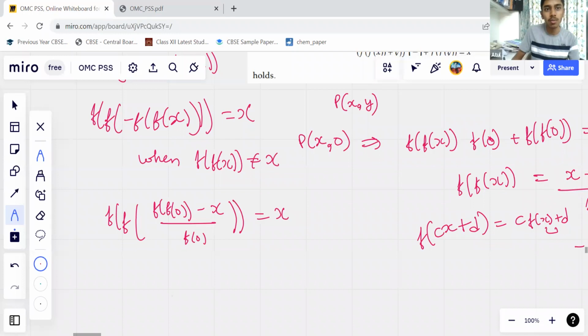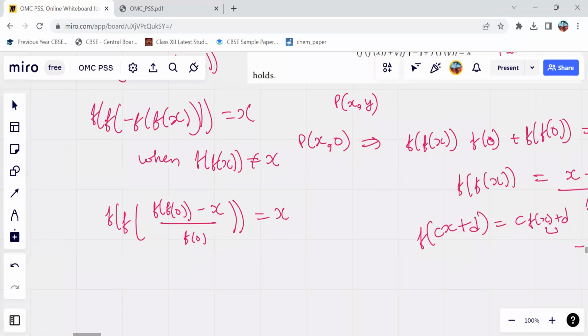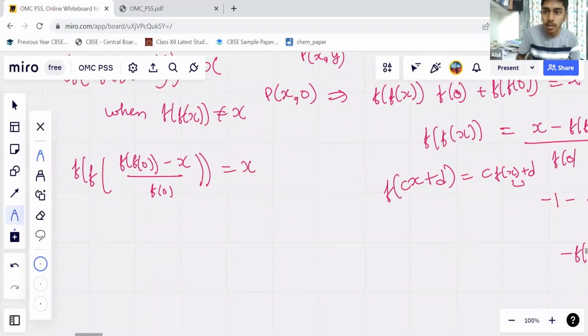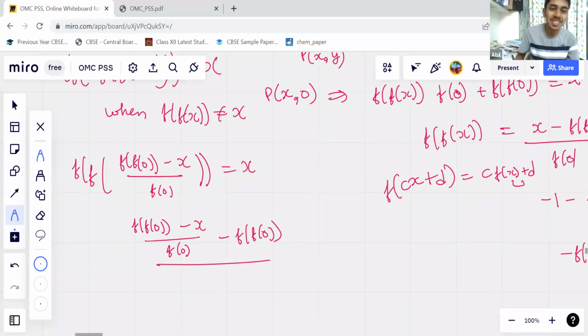But you have to do that 2 times, the square of minus cx minus d. Okay, that's what we're essentially doing. You're right. So essentially we need this of f of 0 minus x by f of 0 minus f of 0 by f of 0.